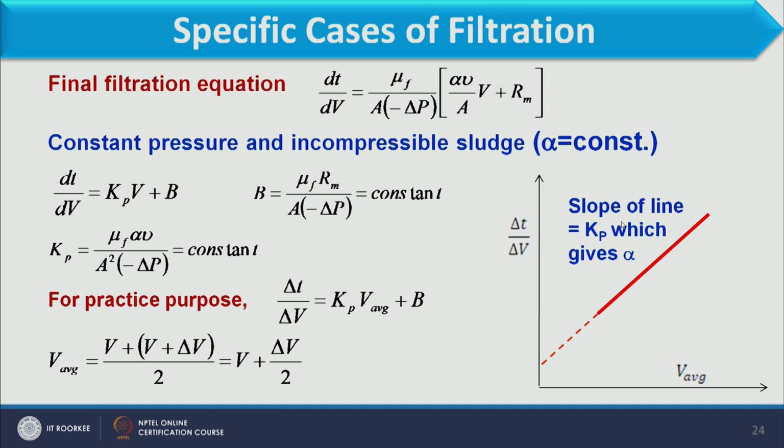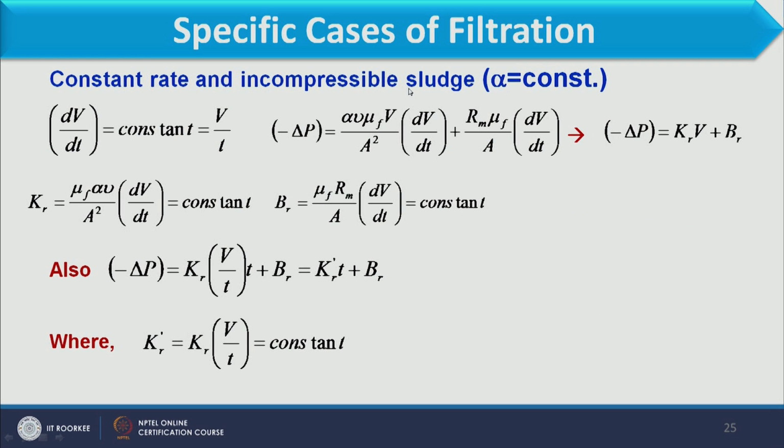The slope of the line gives the value of Kp, which consequently gives the value of alpha, and similarly the intercept will give the value of B, and therefore we can calculate the value of Rm from this. So in this way all constant values will be calculated for this particular case.